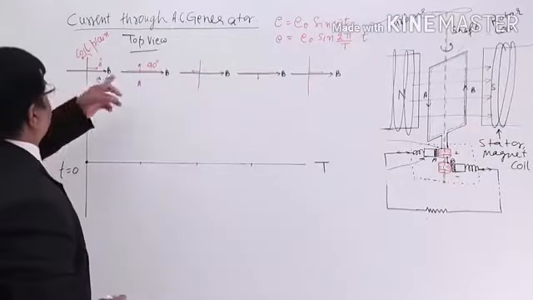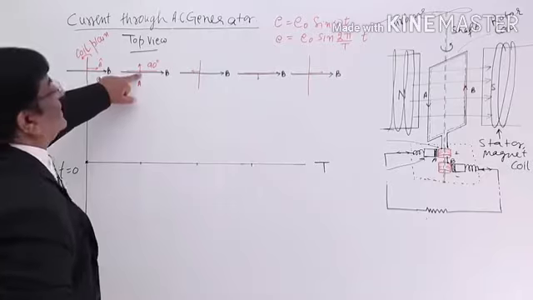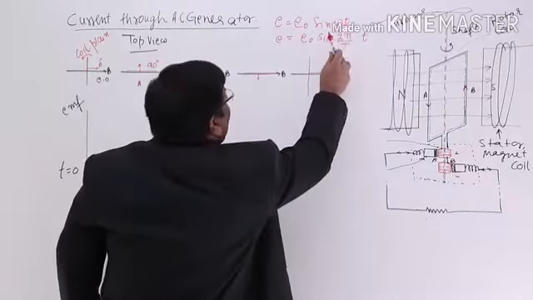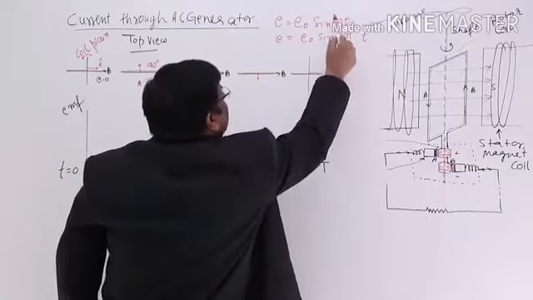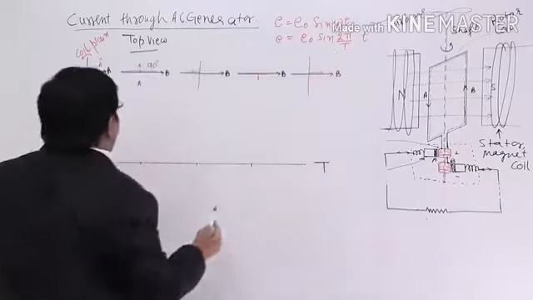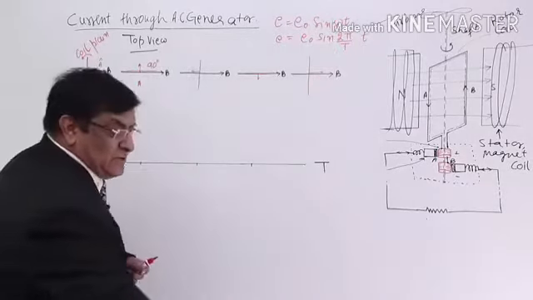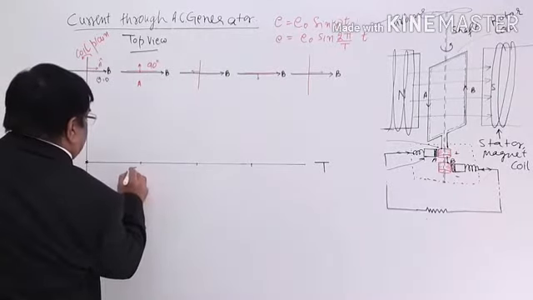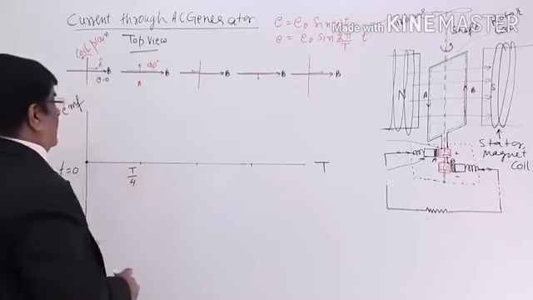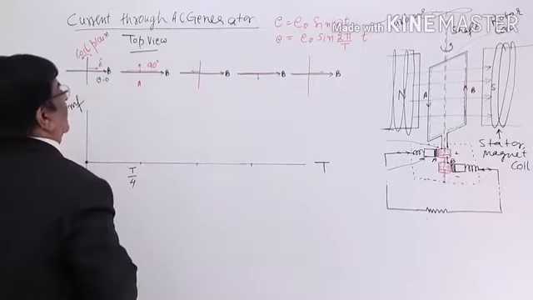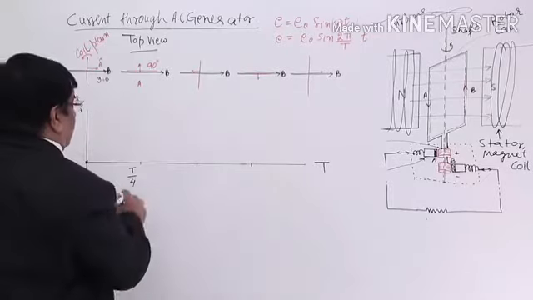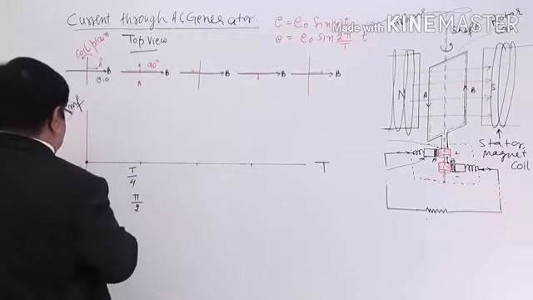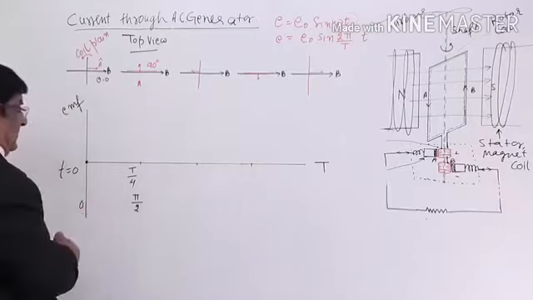Now this 90 degrees is pi by 2, and the time I can write as T by 4. At T by 4 time, how much is the phase rotation? The rotation is pi by 2, 90 degrees. Here the rotation was 0.